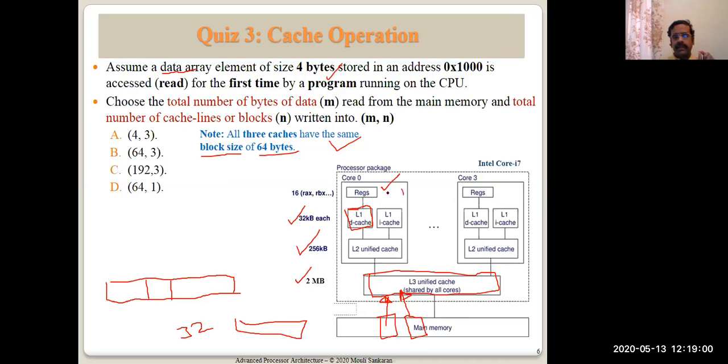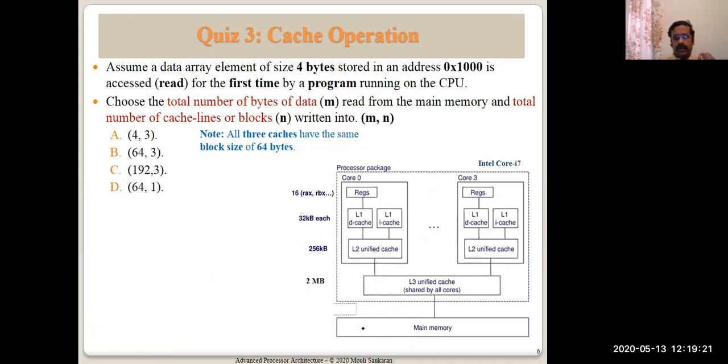It is accessing it by giving the PC, program counter value, which is an address in the program memory, to fetch an instruction. If it is doing a move or load or store, LD or store, then it is accessing a data. So while it is accessing just 4 bytes, normally cache will access the block size, whatever may be the block size.